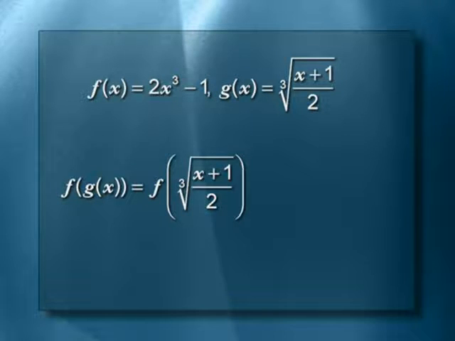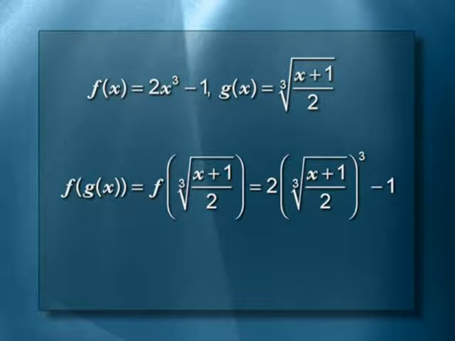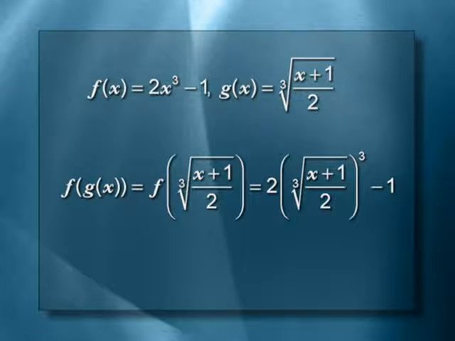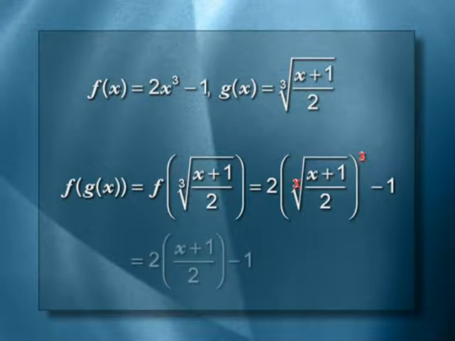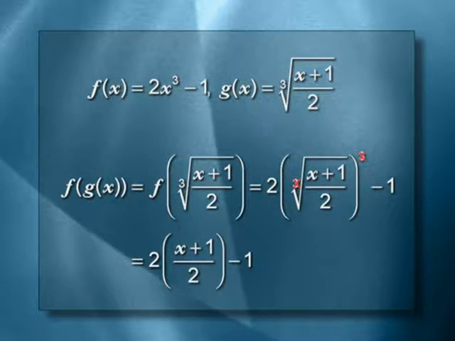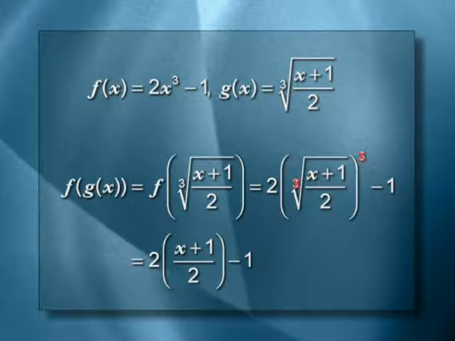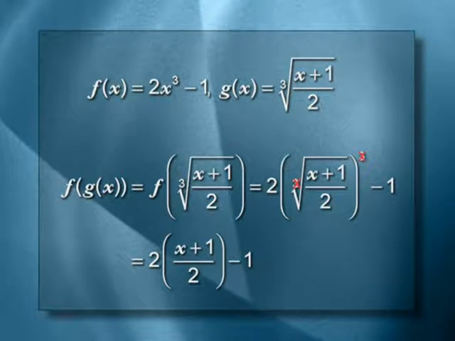So what does f do? It's 2 times that thing cubed and then minus 1. So that cube root cubed, those undo each other, don't they? And so we're left with 2 times the quantity x plus 1 over 2, minus 1. And now some more cancellations occur.